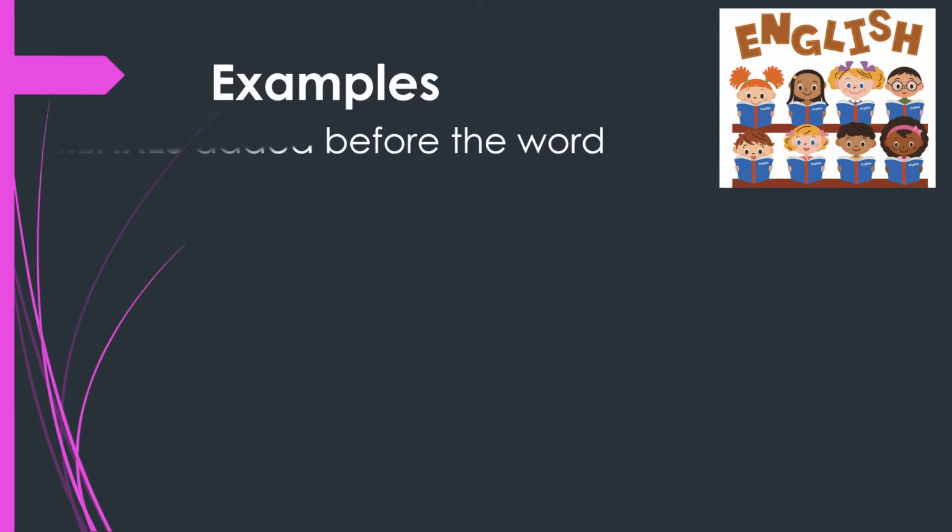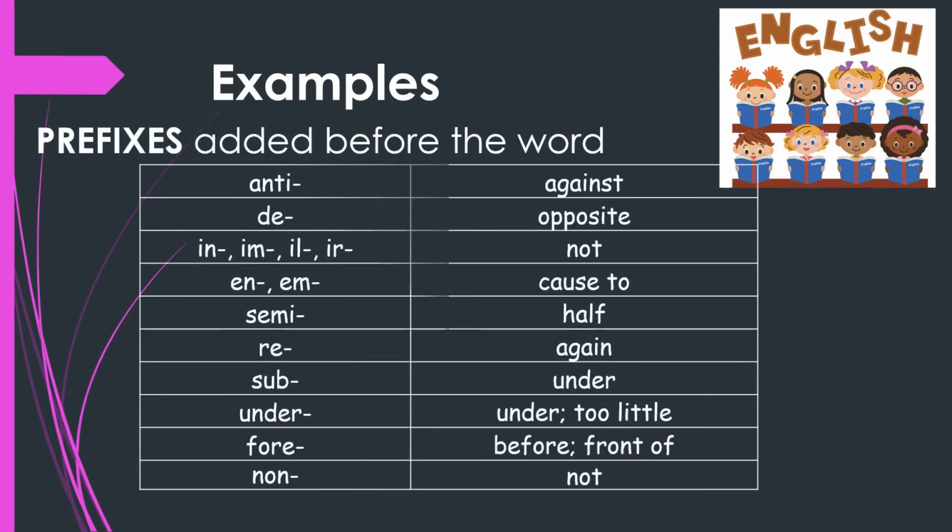Some examples of prefixes are anti, which means against, de, which means opposite, in, im, il, or ir, which means not, en or em, which means cause to, semi, which means half, re, which means again, sub, which means under, which means too little or under, fore, which means before or in front of, and non, which means not.